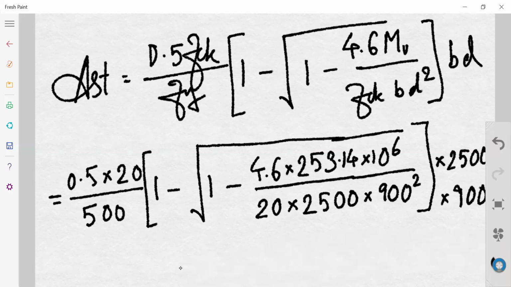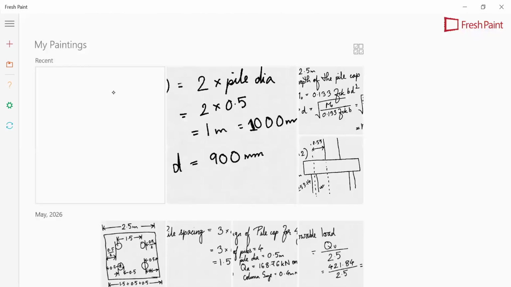So if I do this, let's find out what will be the value. We get around 651 mm square.